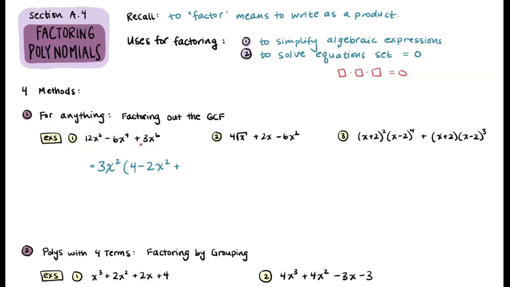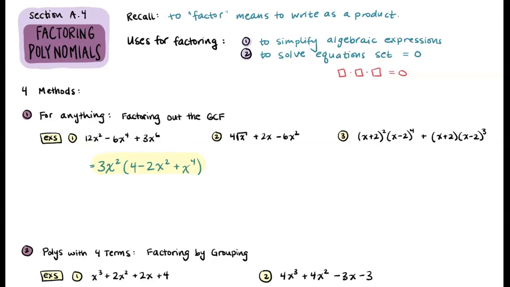And remember, we're dividing by 3x squared here, so you don't divide the power 6 by 2. We're dividing x to the 6th by x squared, so you're going to subtract their powers. So we'll have x to the 4th here. And there we go. Here is the factored version of that trinomial by taking out the GCF.